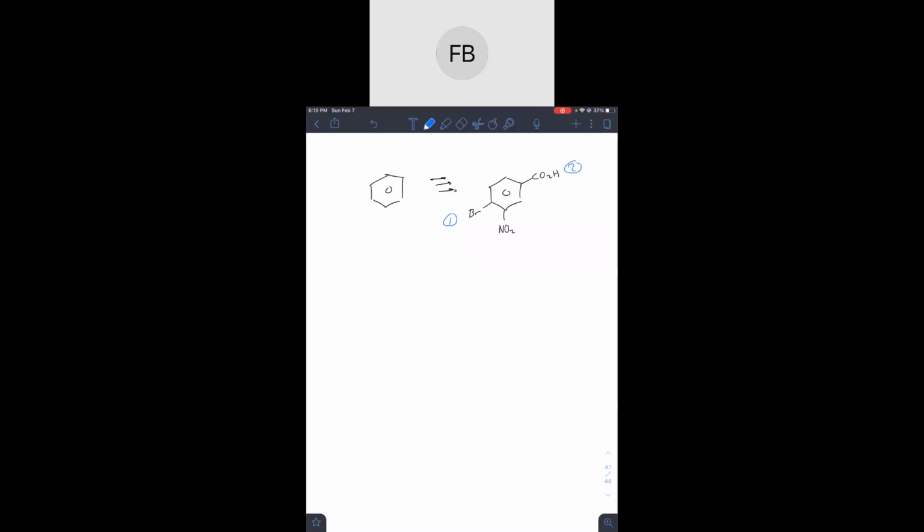This one is more activating, so it'll help this get into the meta position. That reaction is more likely to happen than if you added this one second. Yes, this is also meta directing, which is great, but it's so deactivating that the reaction is less likely to happen. So there are a few reasons why you'd want to go for the CO2H second and this one third, I think at least.